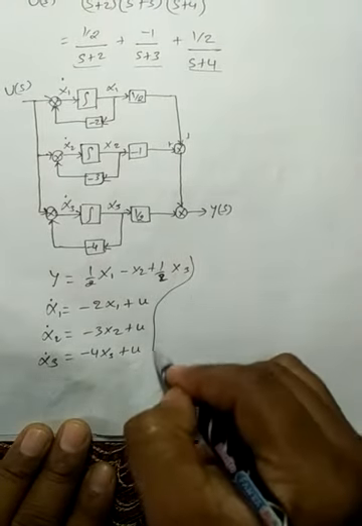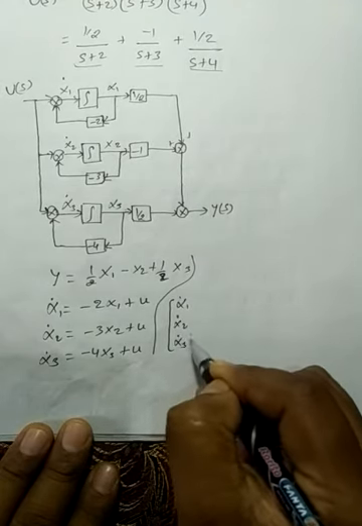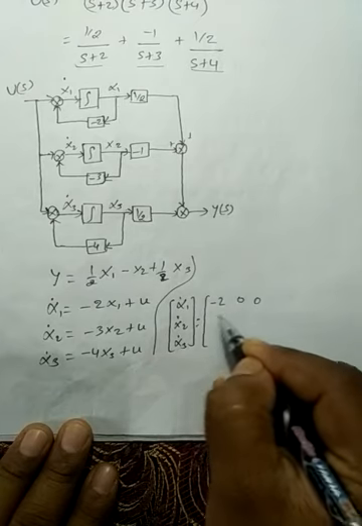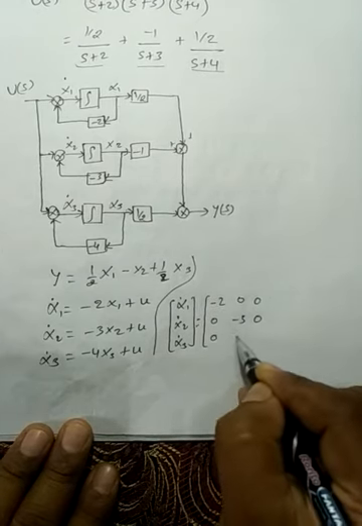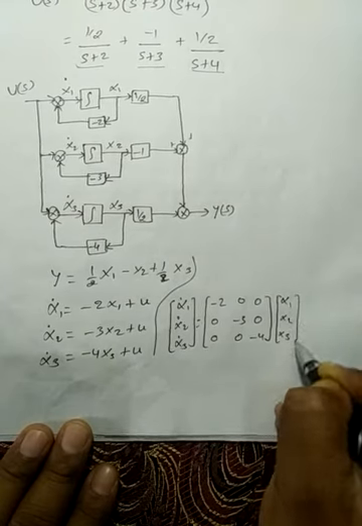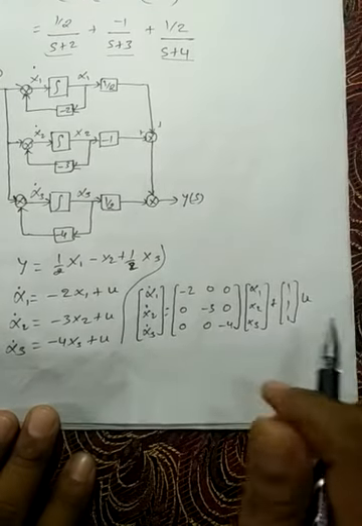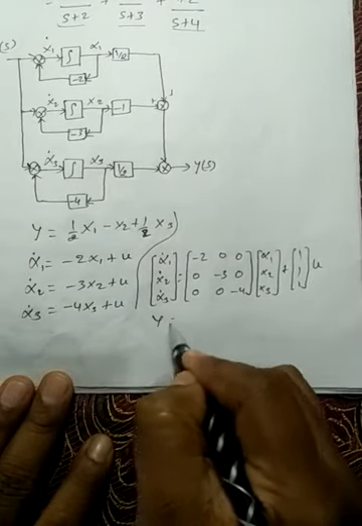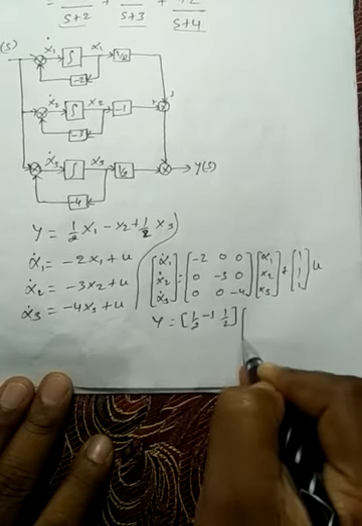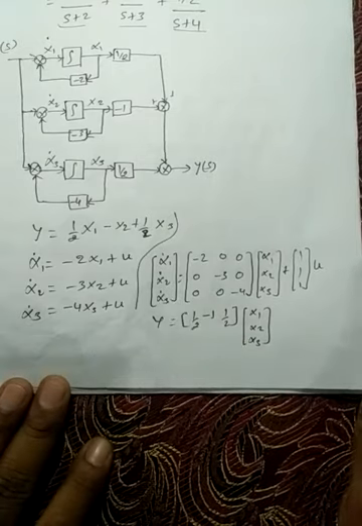In matrix form we'll get like this: [x1 dot, x2 dot, x3 dot] equal to the matrix [-2 0 0; 0 -3 0; 0 0 -4] multiplied by [x1, x2, x3] plus [1, 1, 1] and u, and y is equal to [1/2, -1, 1/2] multiplied by [x1, x2, x3], and u is absent here.